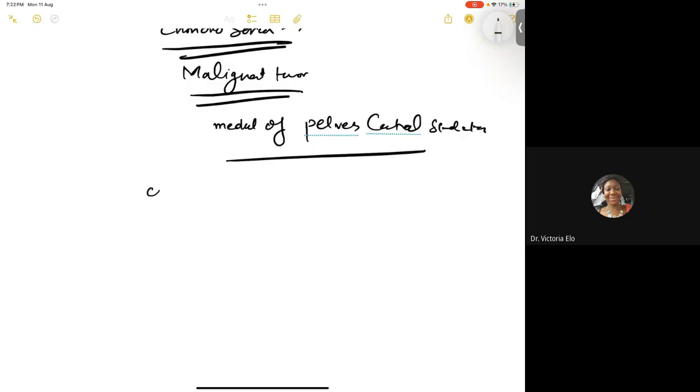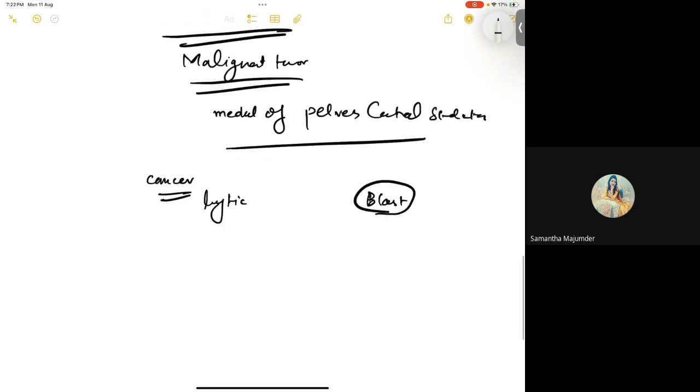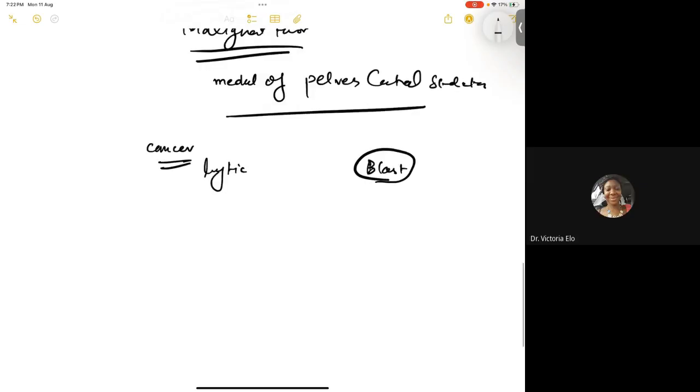As we discussed, osteolytic means punched out. Lytic and blastic, right? Some of the tumors, whenever formed in the bone, can be osteoblastic. That is, the bone is going to be growing. You are going to have a bony growth. That growth is osteoblastic. Lytic is breaking down your bone. Blast is formation of your bone.